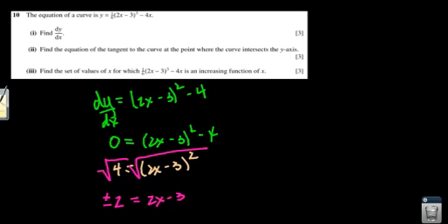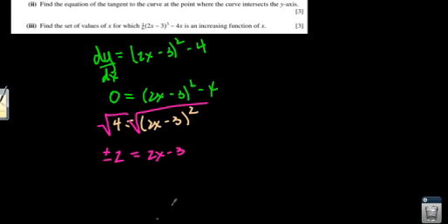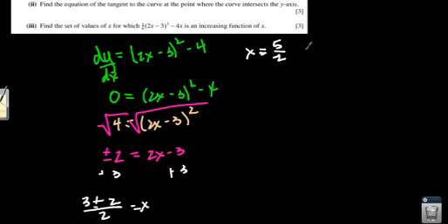Now I'm going to add 3 to both sides, which leaves me with 3 plus or minus 2, and then I'm dividing by 2 on both sides. So my first stationary point has an x-coordinate of 3 plus 2 over 2, which is 5 halves. My second stationary point has an x-coordinate of 3 minus 2, which is 1, divided by 2. Those are our stationary points.